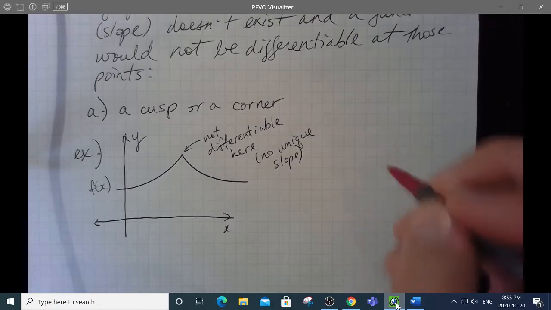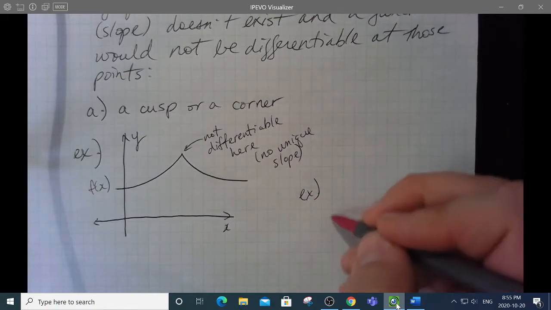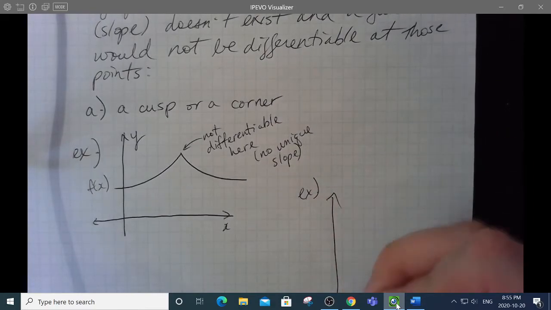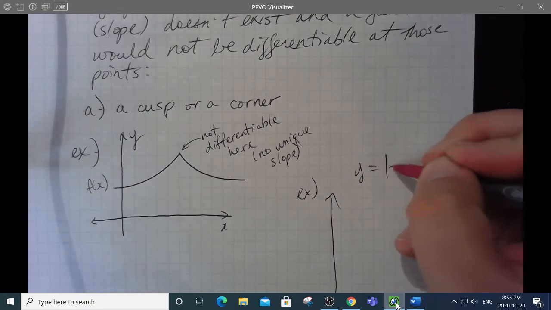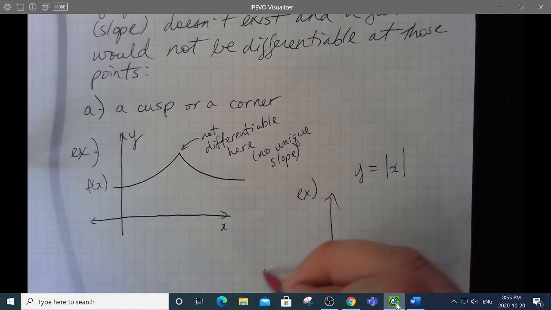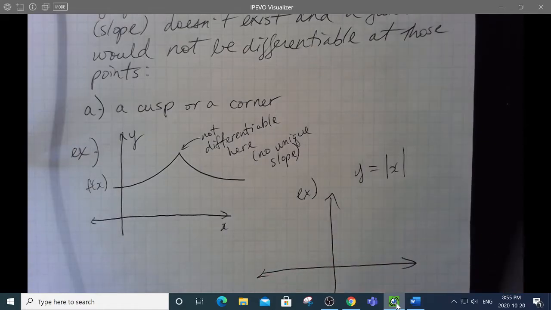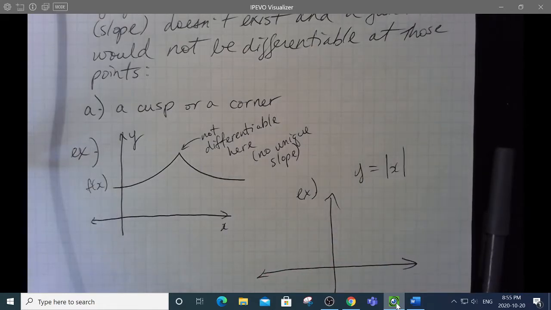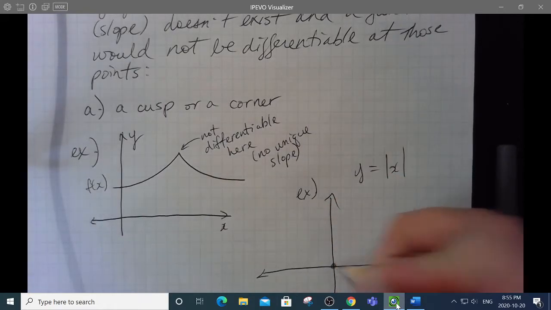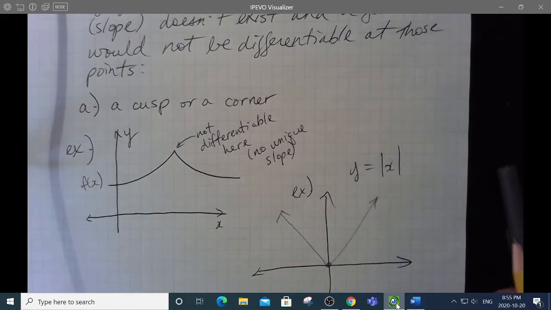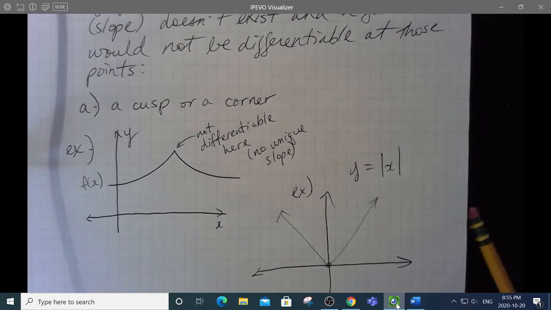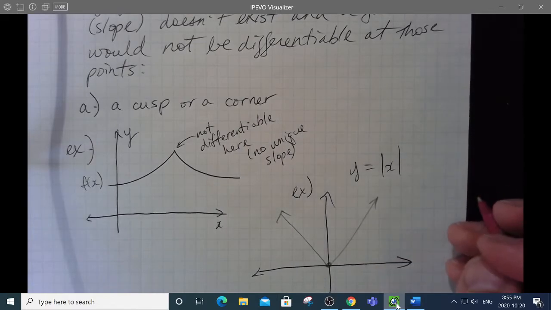Here's another example of the same thing. Suppose I graphed y equals the absolute value of x. Remember what that looks like? Let me draw it in pencil. Starts at 0, and then of course it's a V, right? One arm going that way, one arm going that way. Can I differentiate that when x is 0? Nope.